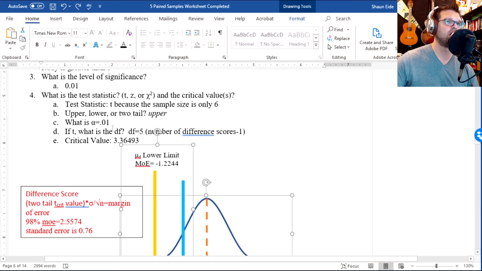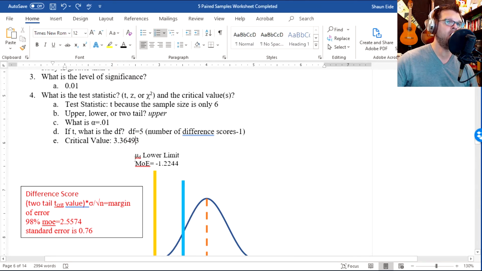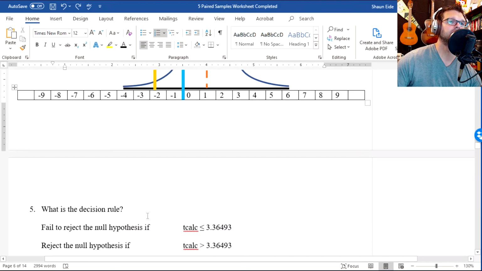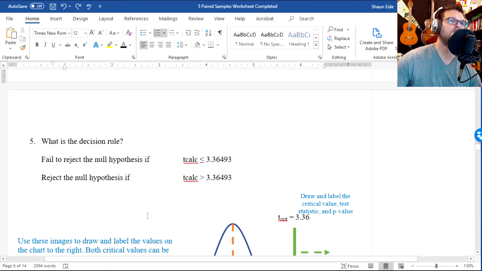Okay, so we've got an upper alpha of 0.01, degrees of freedom of 5, critical value 3.36493, which I got directly from the t-critical one-tailed test from the data analysis tool. And so coming down here, what is the decision rule? The decision rule is we are going to fail to reject the null hypothesis if t-calc is less than or equal to 3.36493.